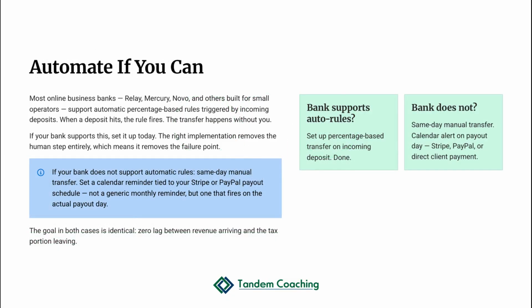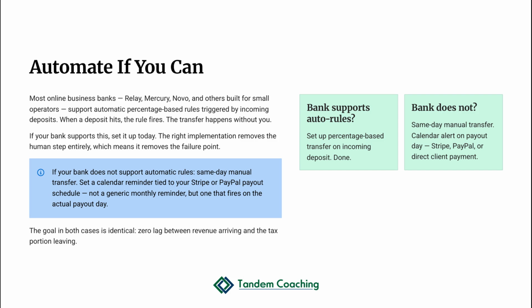The right implementation removes you from the loop. Most modern business banks support automation rules. Income and deposit triggers a percentage-based transfer to a linked savings account. Runs without you, no monthly action required. Mercury supports it. Relay supports it. Bluevine supports it.